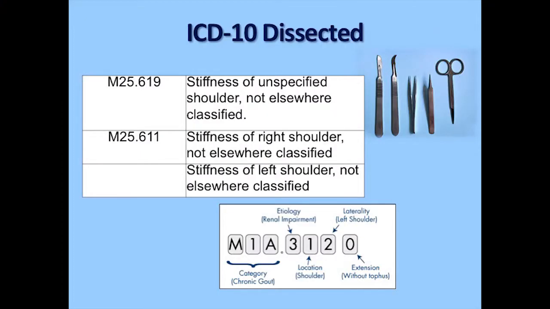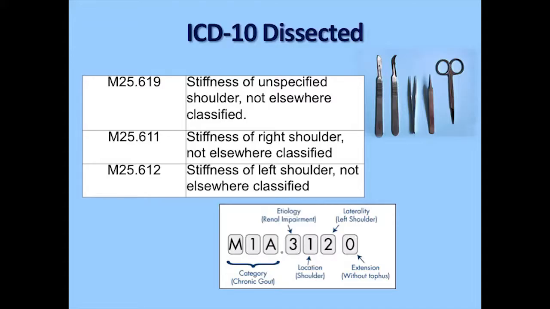M25.611. You got it. It's literally that easy. So easy, even a CPC can do it. Okay, what's the left shoulder? M25.612. You got it. And now, there are a couple exceptions in the foot with 5s and 6s.